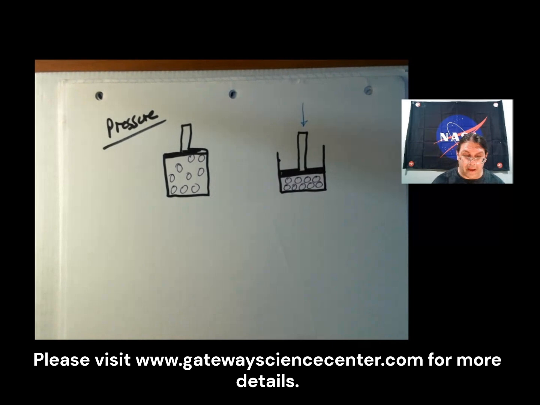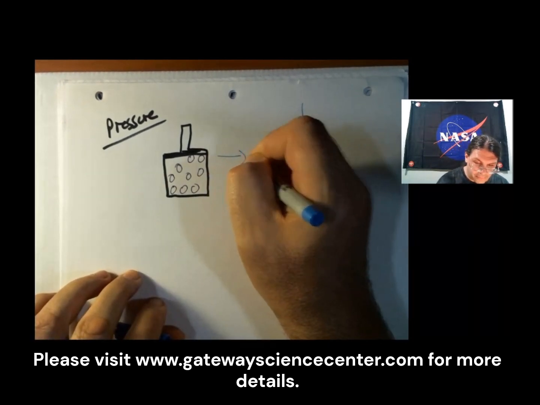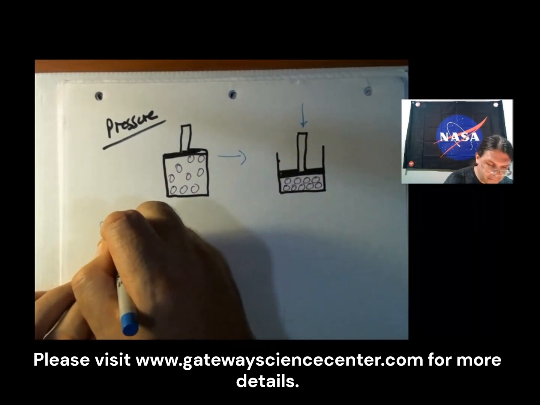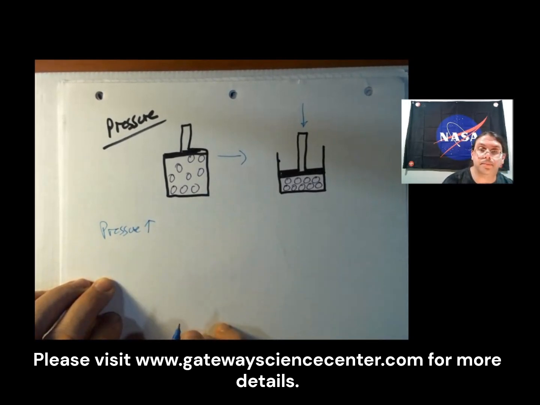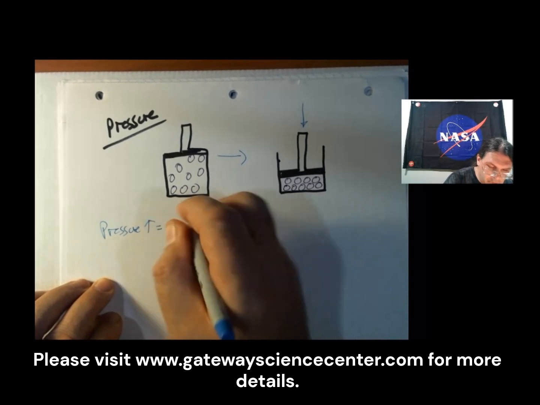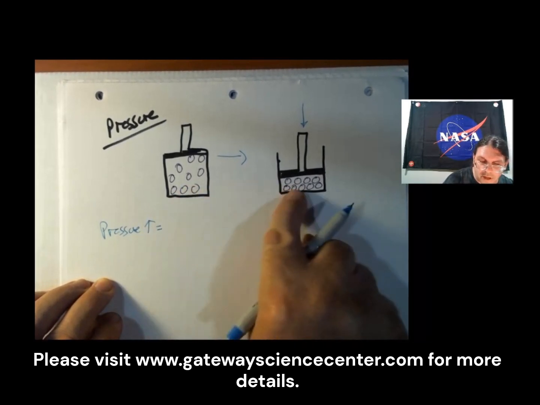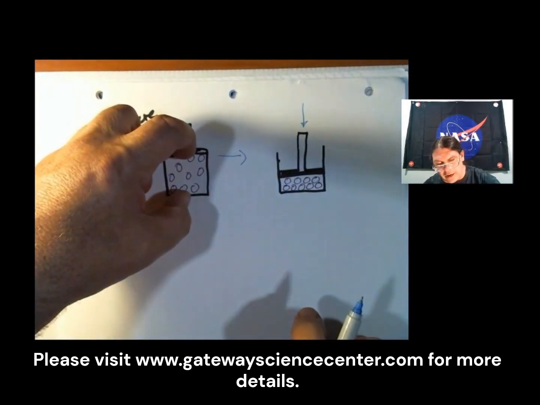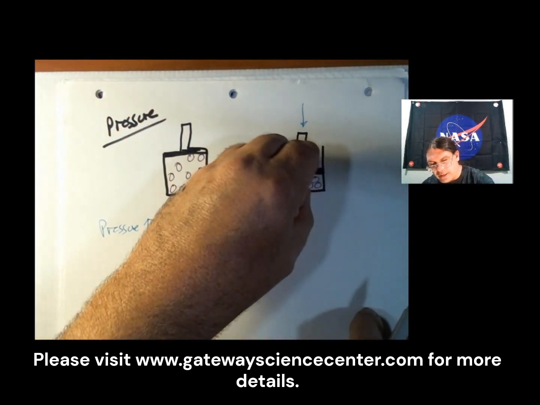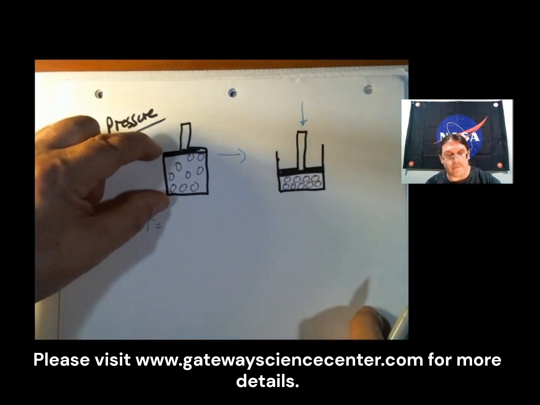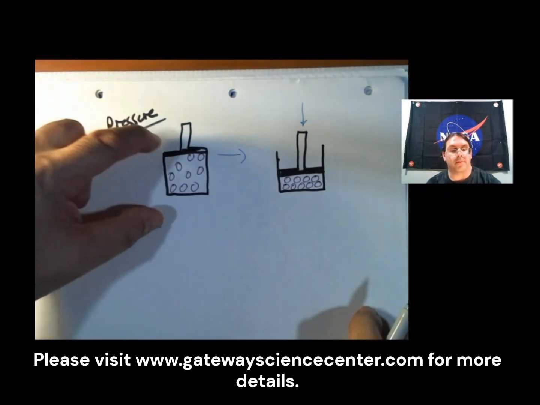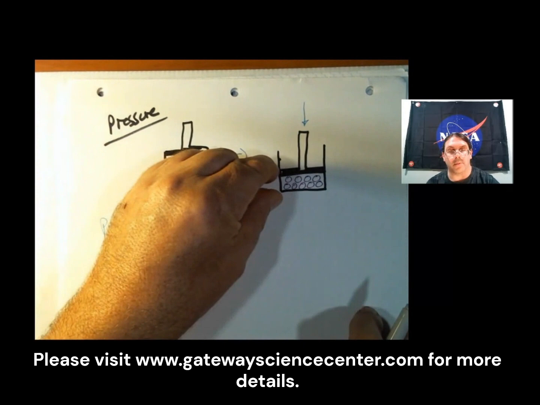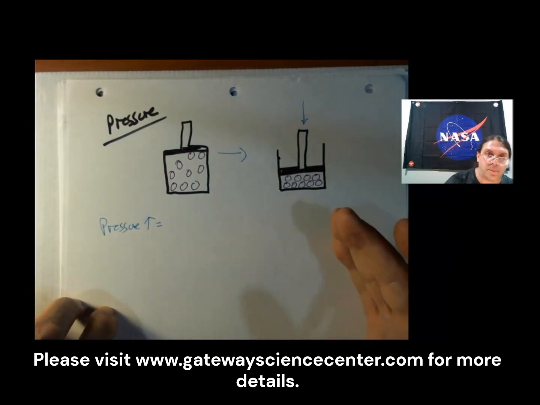So if pressure increases, what's happening to the volume of the material? The volume of the material here is this big. The volume of the material is that big here. What's happening to the volume?